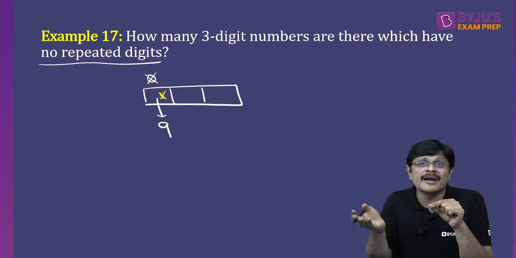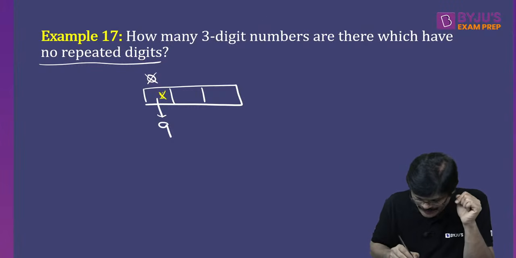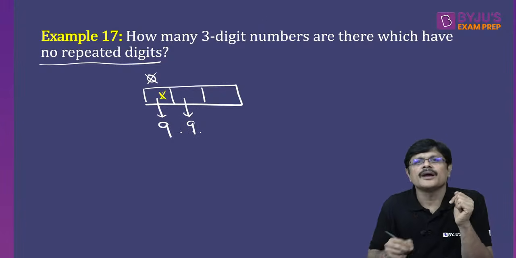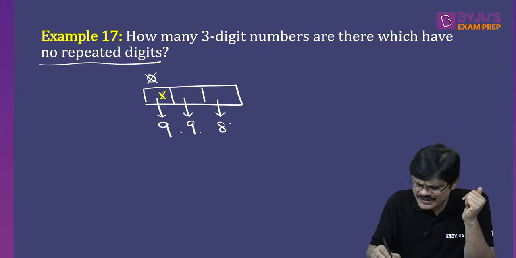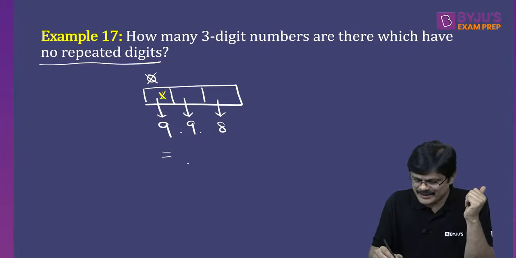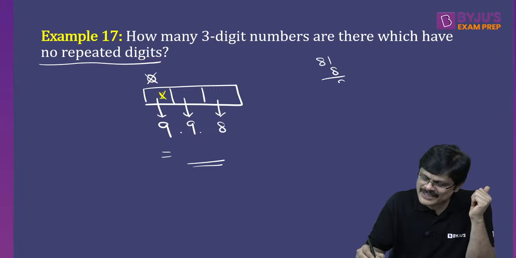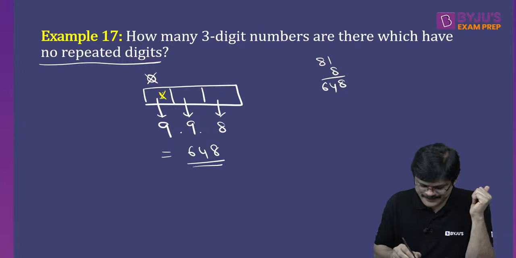So 0 plus the remaining 8. That is how many choices we have for the next position? 9 choices. Next, 8 choices. 9 into 9 into 8. If you have a calculator, please answer. 81 into 8. 8 ones 8, 64, 648 is the answer.